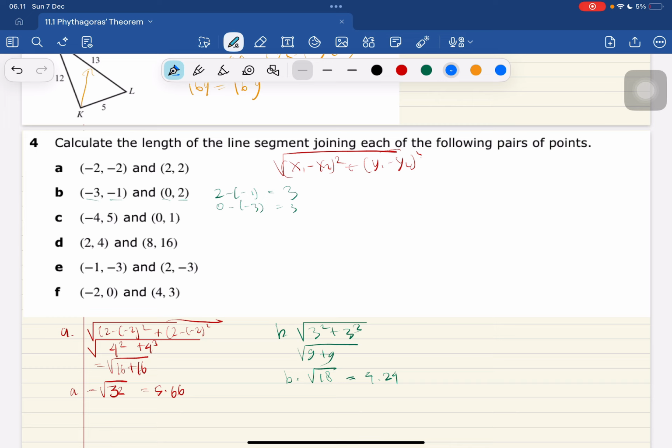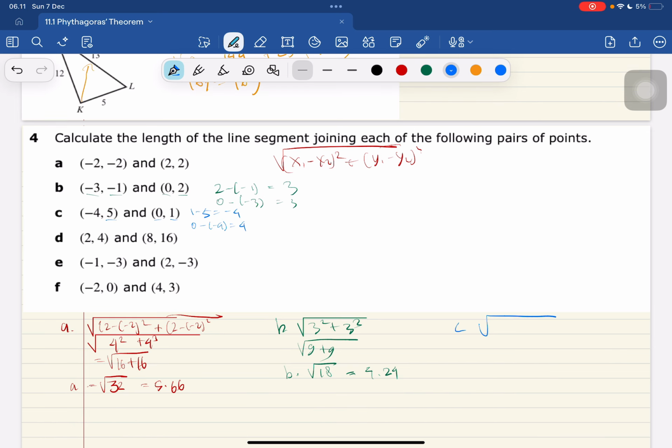Next C. 1 minus 5 is gonna be minus 4, and then 0 minus minus 4 is 4. So for the C, we got square root of minus 4 square plus 4 square. So this is 16 plus 16. So for the C equal to square root of 32, or this is 5.66.